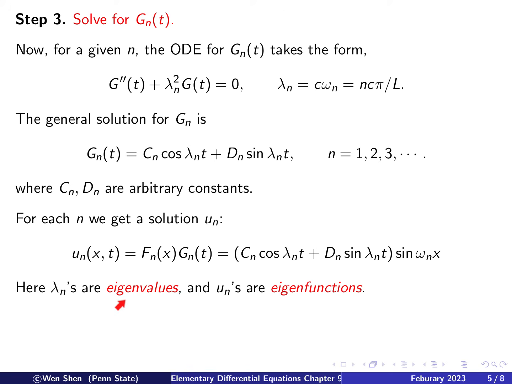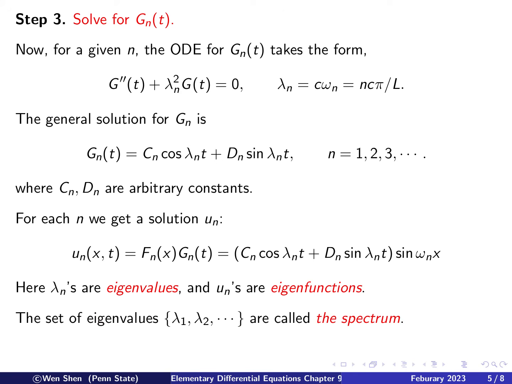The lambdas here are called the eigenvalues, and all these functions u_n here are called the eigenfunctions for the wave equation. And then we have a set of all the eigenvalues, lambda_1, lambda_2 to lambda infinity, infinitely many of these numbers. This set here is called the spectrum.